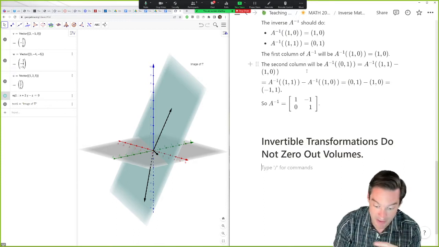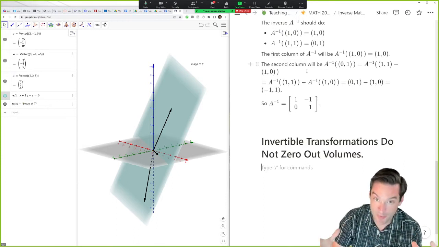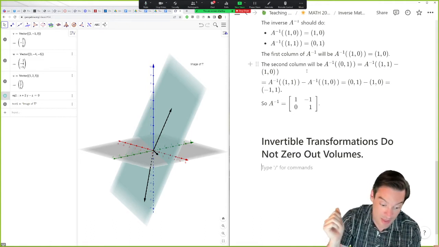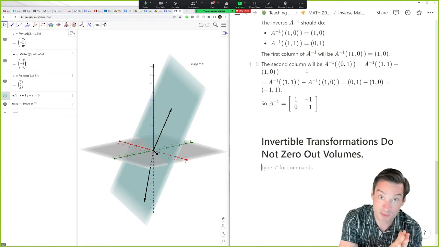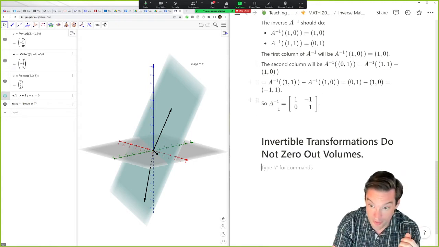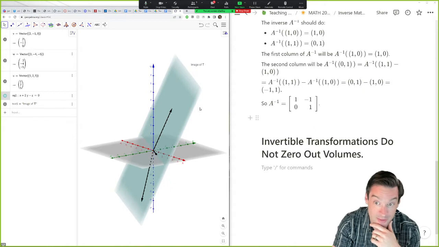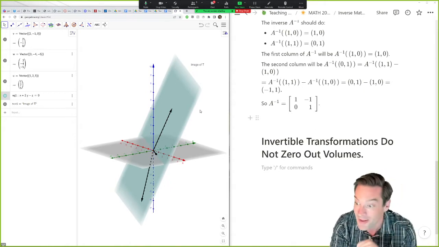That if I have a linear transformation that takes top dimensional volume, so 3-dimensional volume in the case of this example, and the image of that 3-dimensional volume ends up being something that has 0 volume. So a plane here, as an example, right, has 0 volume. It has a length and a width, but it has no height, for example.